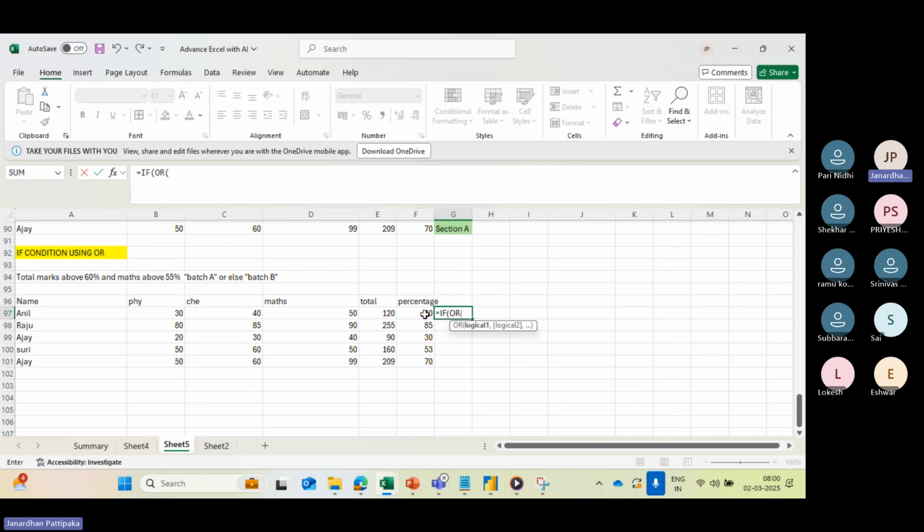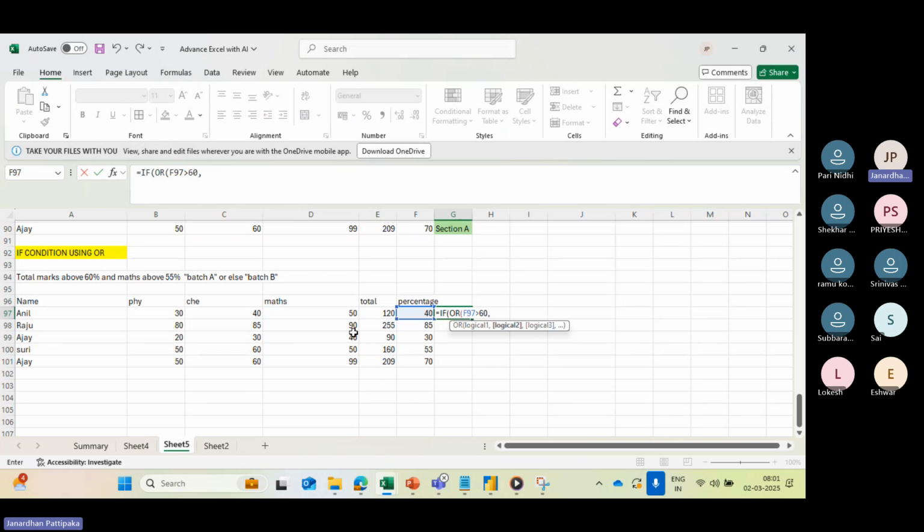See, this is the percentage of marks. If the total percentage of marks is greater than 60%, you are saying, right? I will change it later. It is greater than, suppose, 60%. Okay, greater than 60, and this is the logical test.